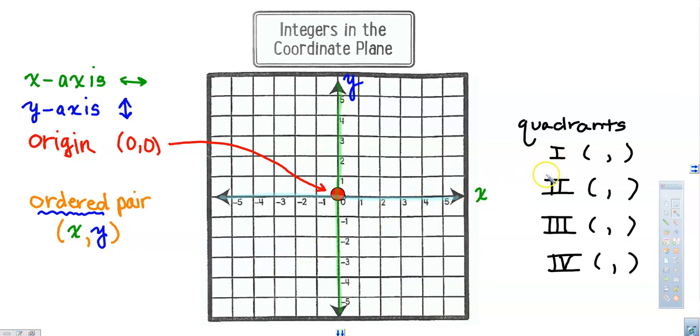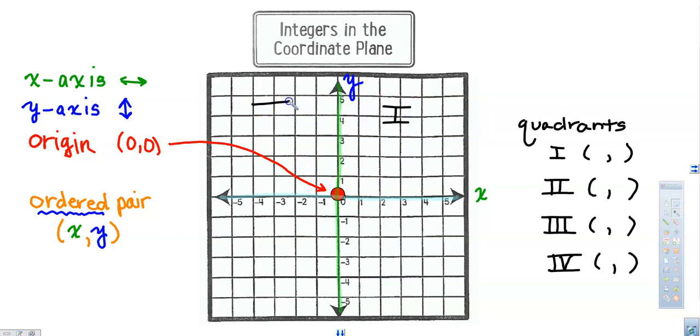Another key term is quadrants. Our coordinate plane is made up of, as you can see when we draw the two axes, 4 sections. And these 4 sections are called quadrants. And the quadrants are named by Roman numerals. So when you look at these sections, this section right here is called the first quadrant.